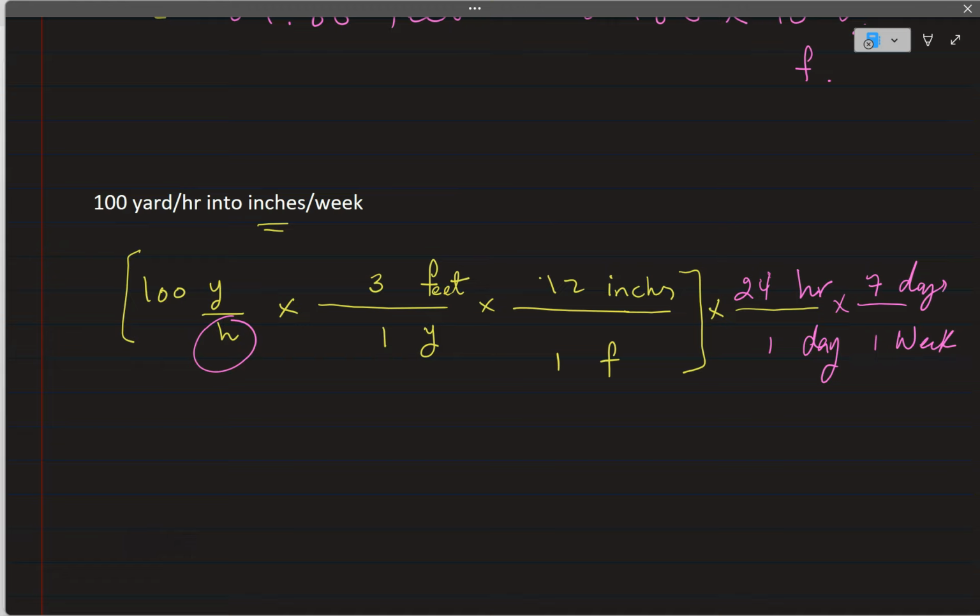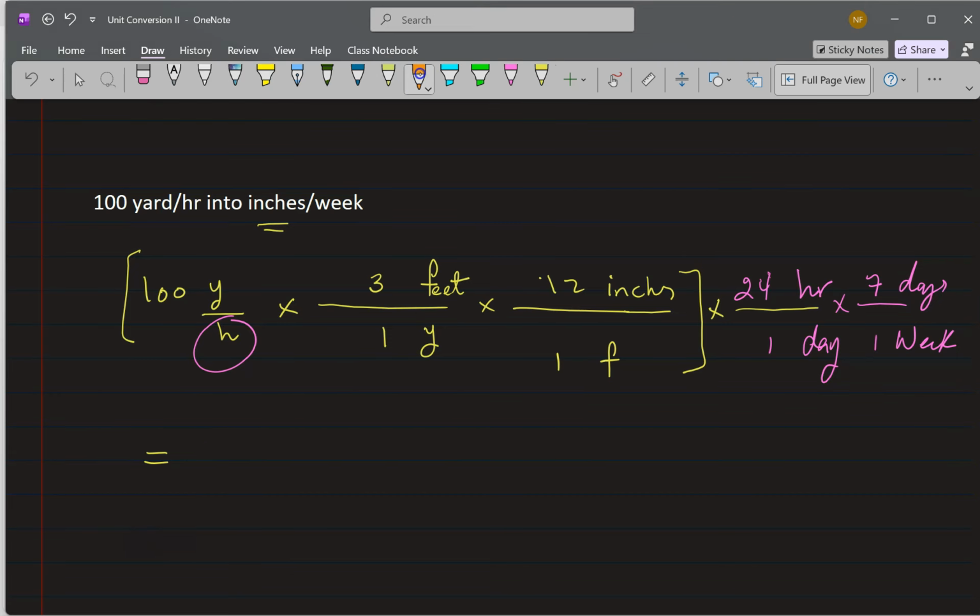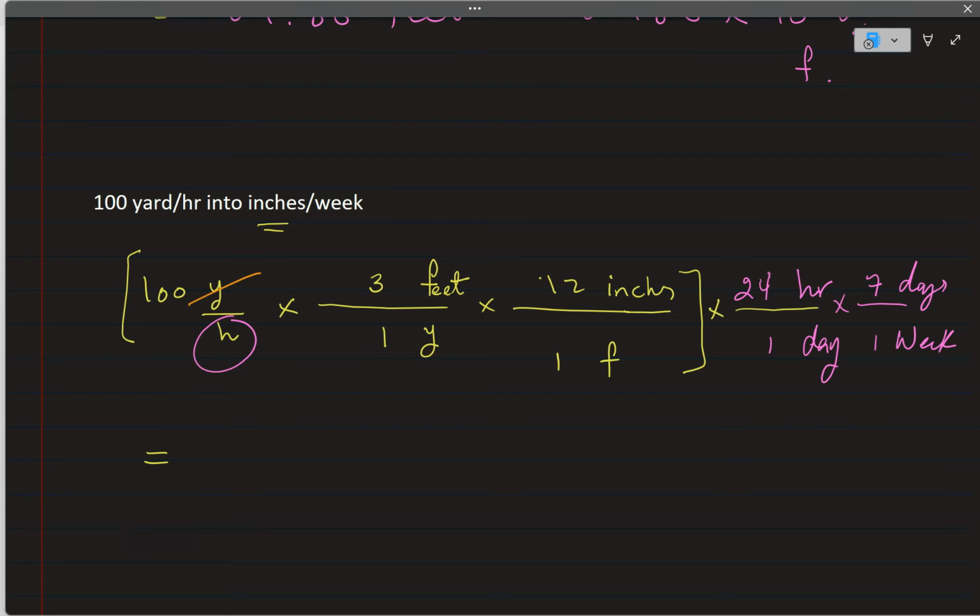Okay, now we're going to put it together. So now we're going to do the multiplication. First, notice that we are going to get rid of all the other units. The yard and yard divide. We have feet and feet divide. So we will end up getting only inches here, which is right here.